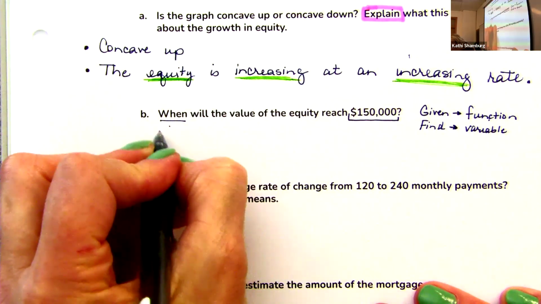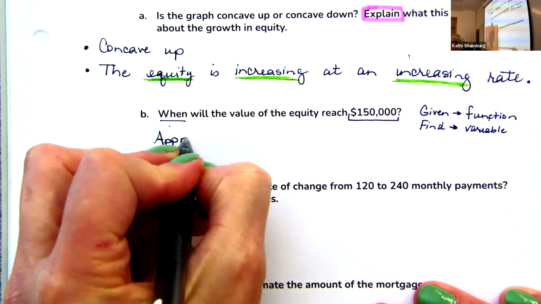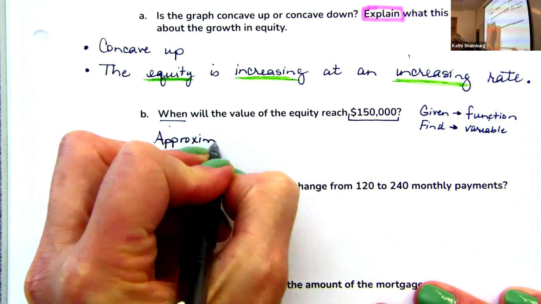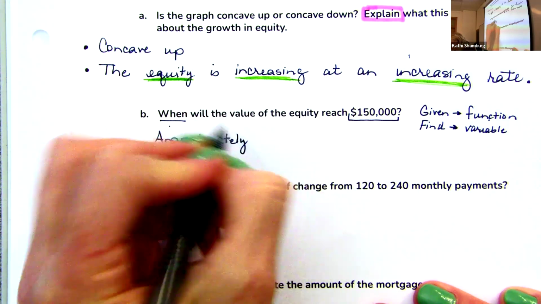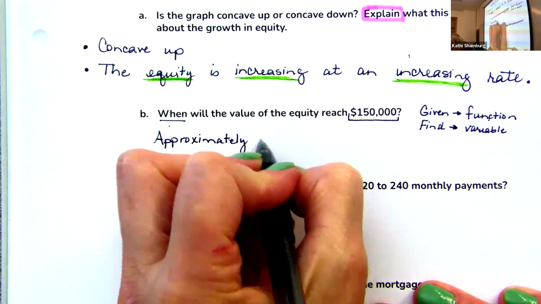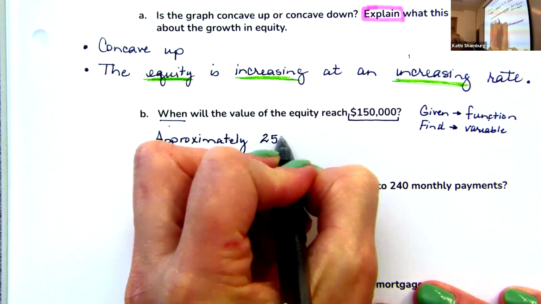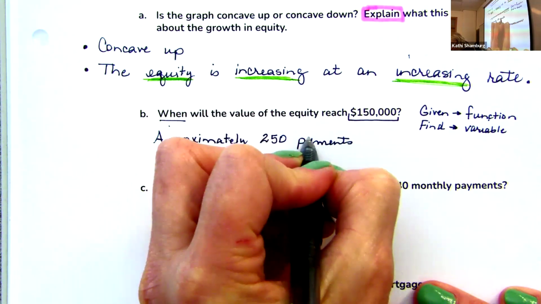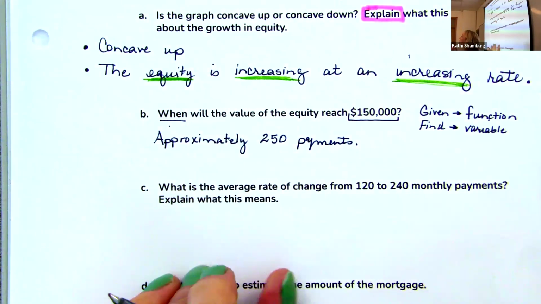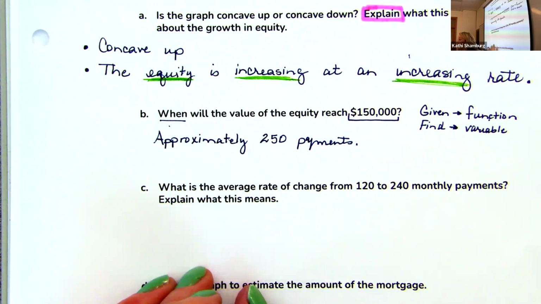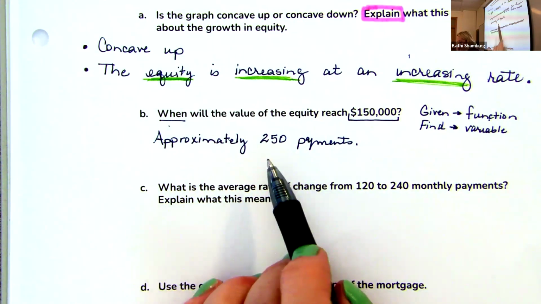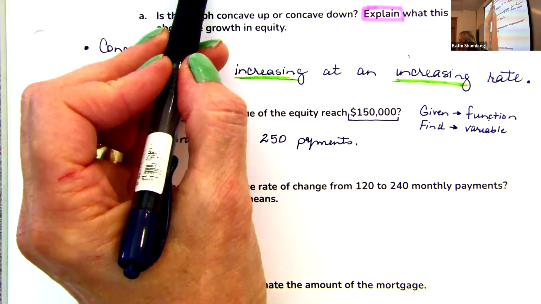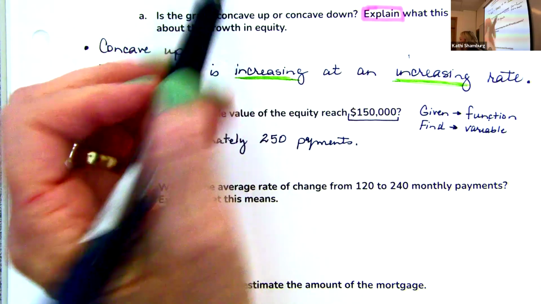So I would probably say approximately 250 payments. So if somebody else gave me 255, I'll have some flexibility with that. But if they gave me 150, well, 150 is down here. So no, I'm not that flexible.